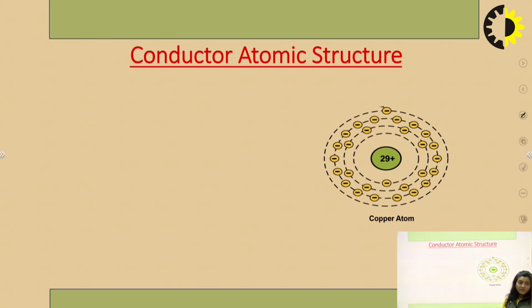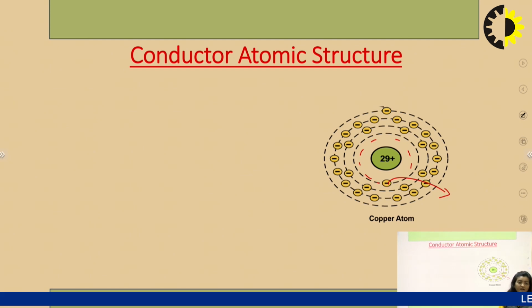The innermost orbit is very strongly attached to the nucleus, so it is very difficult to take electrons away from this orbit, because it has the strongest force attached to the nucleus.